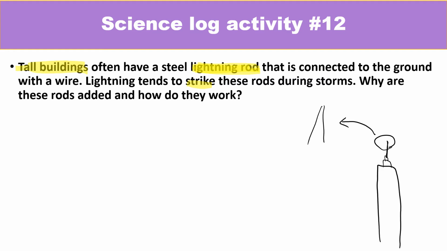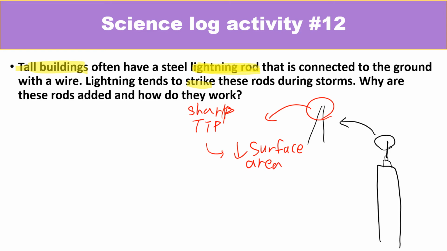Last class I mentioned that if you think about this sharp tip, this is an area where I have less surface area, right? Pointy end means you don't have a lot of surface. That's why it is pointy, just because of that simple fact. If it has a lot of surface, then it's gonna be like a cylinder lid, those kind of things.